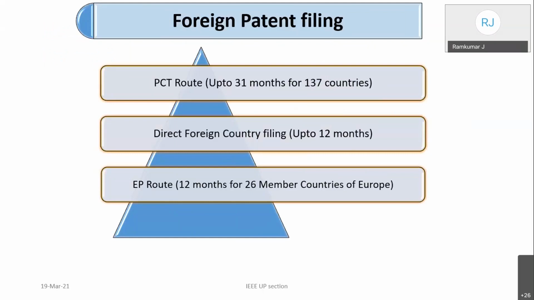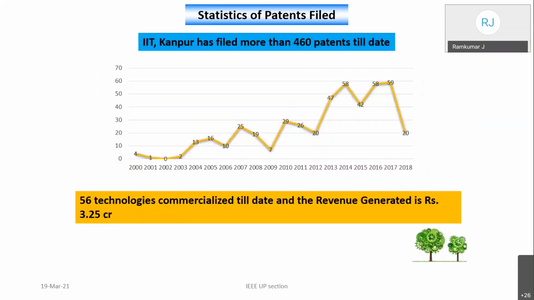For foreign patents, PCT is valid up to 31 months, and you can do it for 137 countries. It's pretty expensive. Direct foreign country filing is up to 12 months. The EP route is 12 to 26 months. IIT Kanpur has filed more than 460 patents to date.